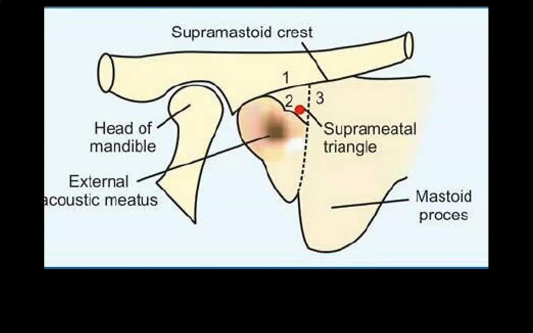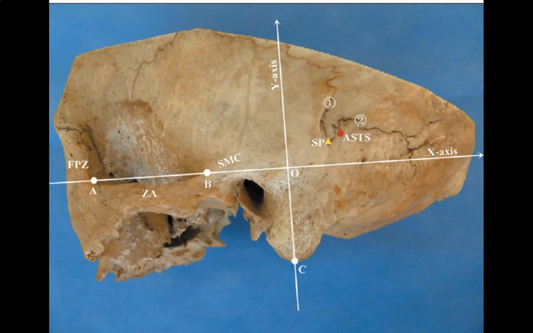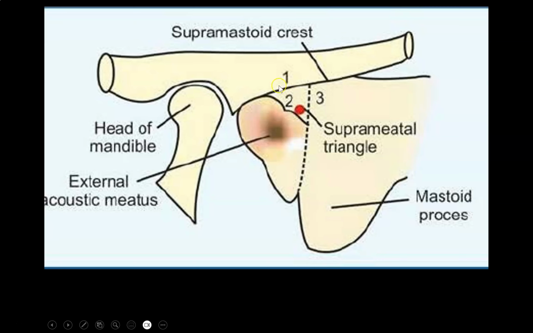We also have a triangle called the suprameatal triangle, which is more of concern for the ENT surgeons. It is above the external auditory canal, bounded by the lower border of the zygomatic arch, the upper part of the posterior border of the external auditory canal, and a line in between, and it enters the mastoid antrum.